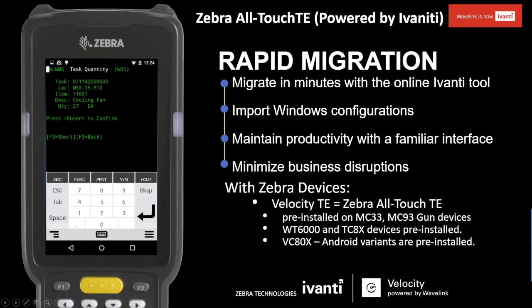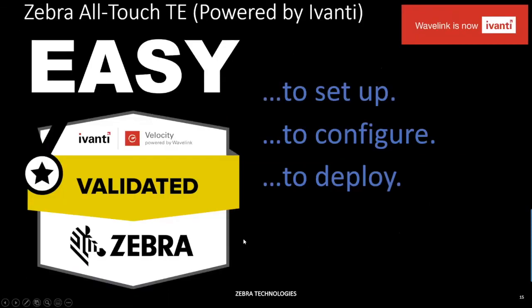If it's not pre-installed, you would purchase the license through Zebra under the name Alt Touch TE, and we would ship out the software and the license to you for installation. So the objective with Avanti and Alt Touch TE is to provide very easy application setup, configuration, and deployment with a very powerful terminal emulation environment.